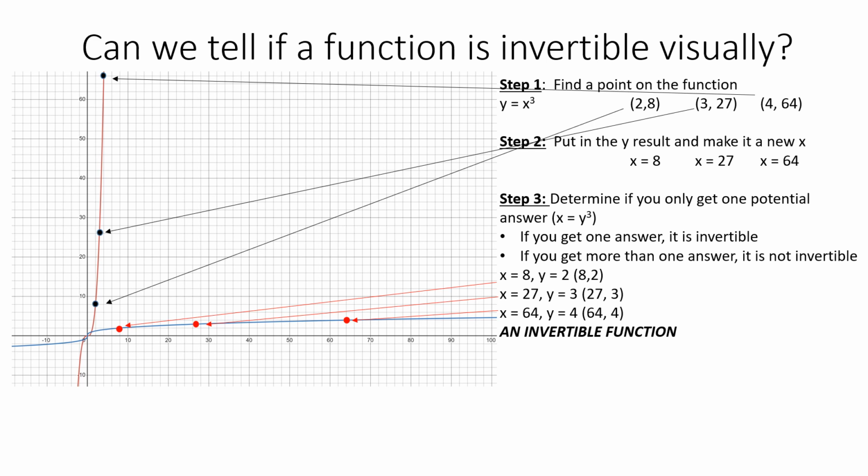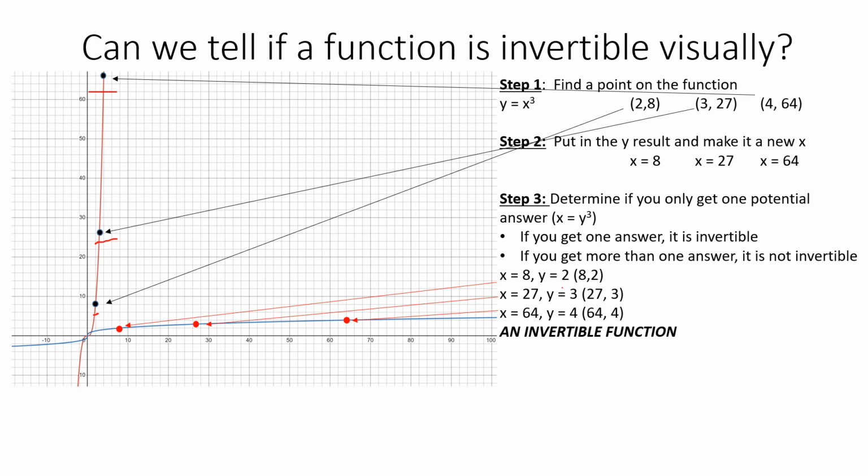Now in this exponential function here, y equals x cubed, if I put in 2 for x, I get an output of 8. If I put in 3 for x, 3 times 3 times 3 is 27. If I put in 4, 4 times 4 is 16 times 4 is 64. Now, let's do x equals y cubed.